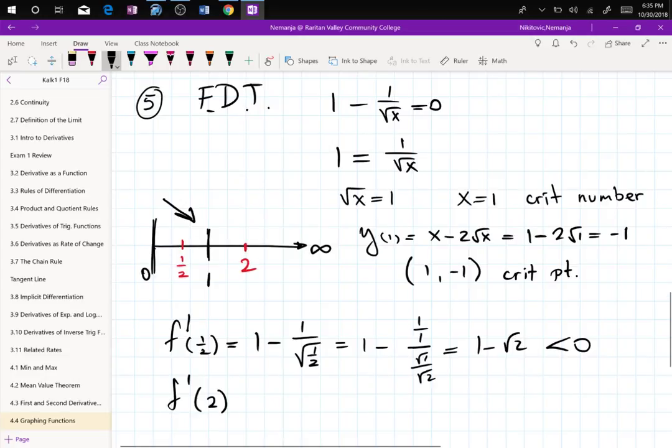First derivative computed at 2: 1 minus 1 over root 2. Now this is going to be root 2 minus 1 over root 2, which is positive. So it goes up. What did I get for free from this calculation? It's a minimum, thank you.